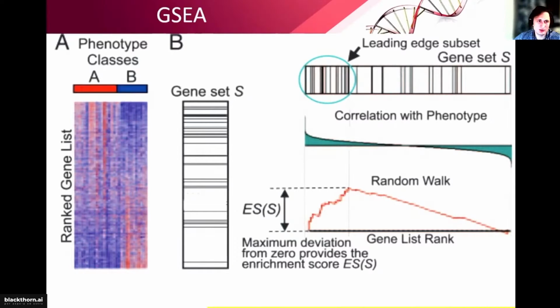And a bit about how GSEA works. You are performing differential expression. Some genes will be upregulated, some will be downregulated, some will be unaffected. And you perform ranking from the most upregulated to the most downregulated genes.